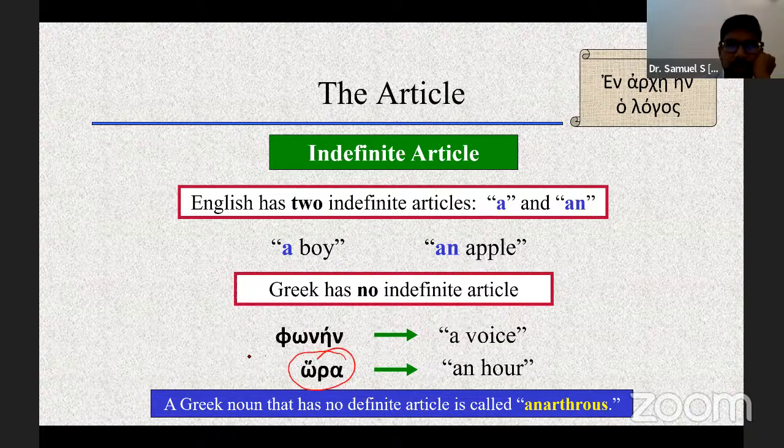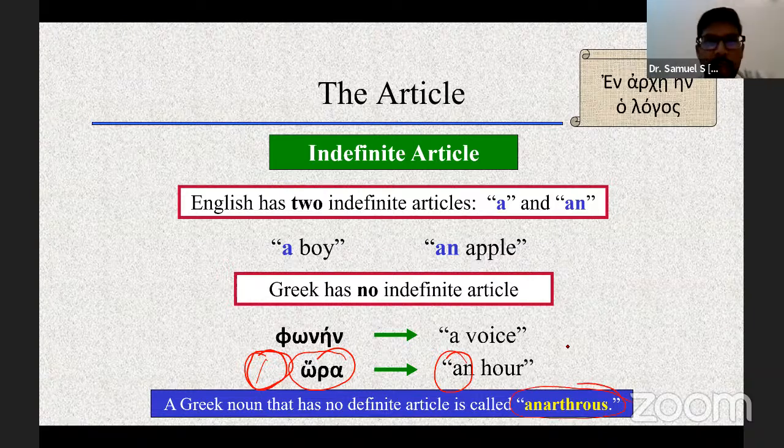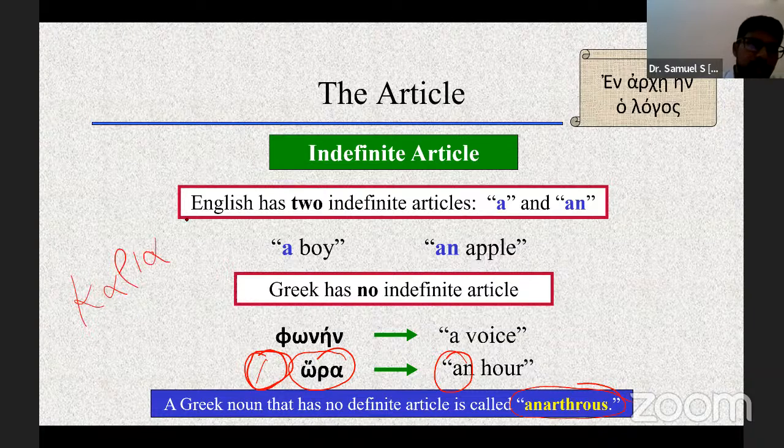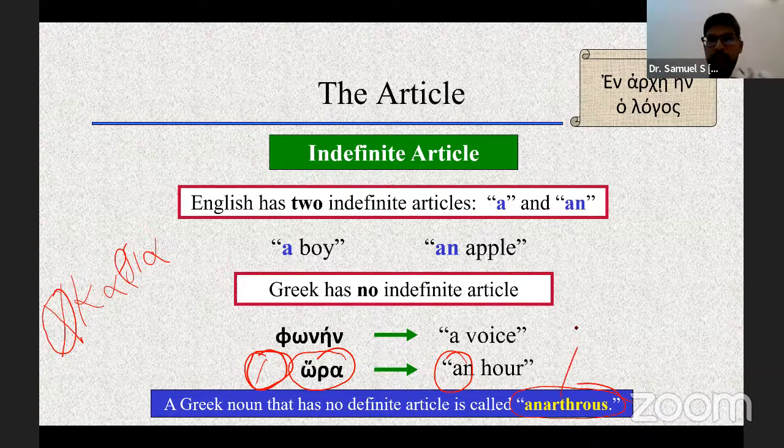There's no article beside it. If there's no article, it automatically means it's indefinite. A Greek noun that has no definite article is called an anarthrous noun. This is just a technical term. So if anybody ever tells you cardia is anarthrous, you should immediately expect that there's no article beside it, therefore it is indefinite.